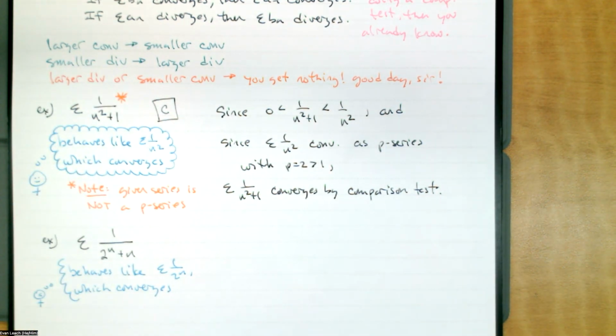So we're thinking this behaves like 1 over 2 to the n. It doesn't really behave like 1 over 2 to the n, but we're looking at that 1 over 2 to the n and saying that's the important part. Taking 2 to the billion and then adding a billion to that is not really that important.